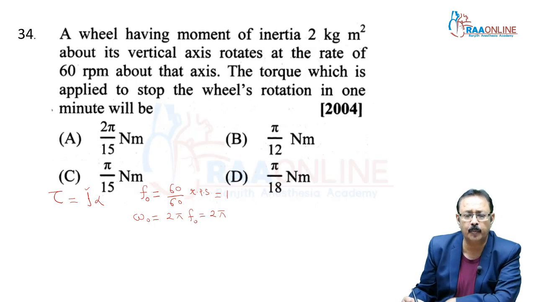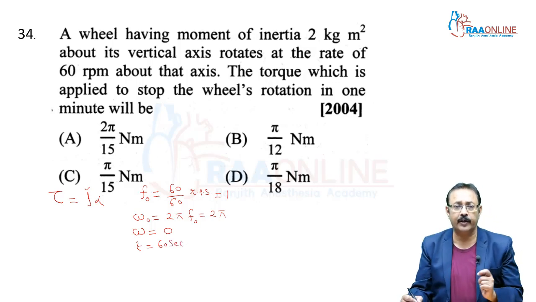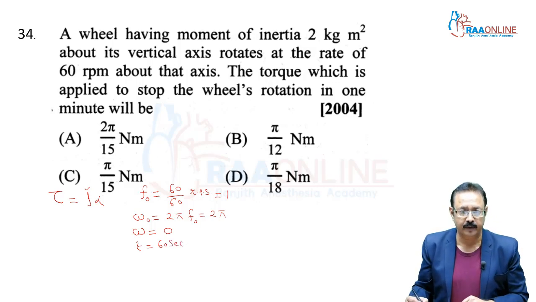You want to stop this wheel, it means final angular velocity should be 0. In 1 minute, time is given, 60 seconds. What alpha is required for this purpose? We can calculate by the equation of motion. Omega is equal to omega naught minus alpha t, because it is retardation now.